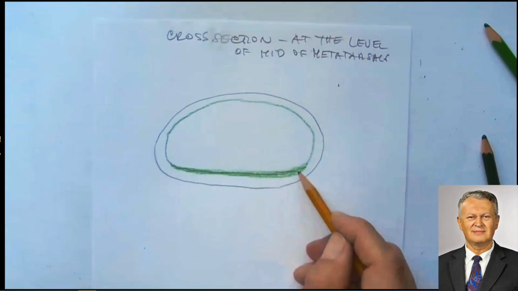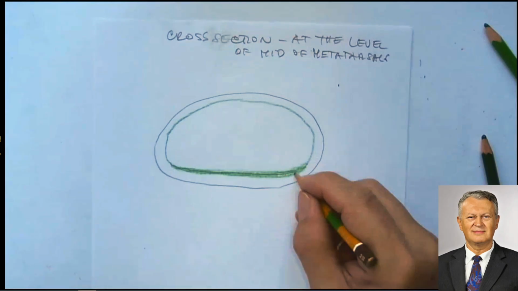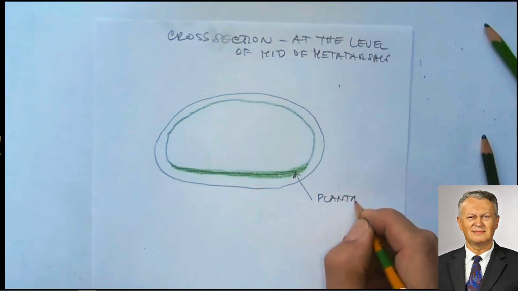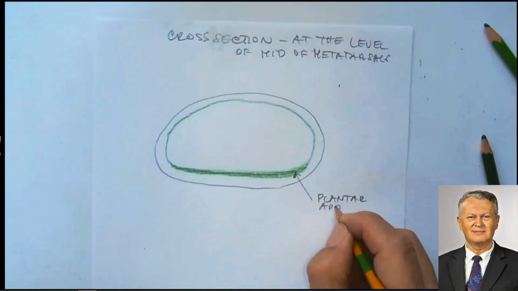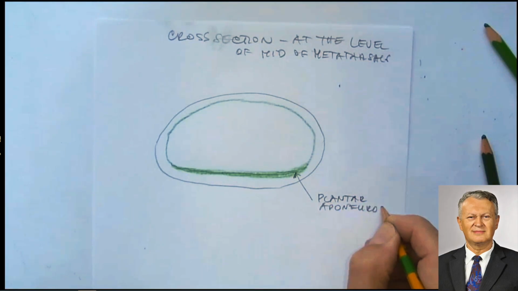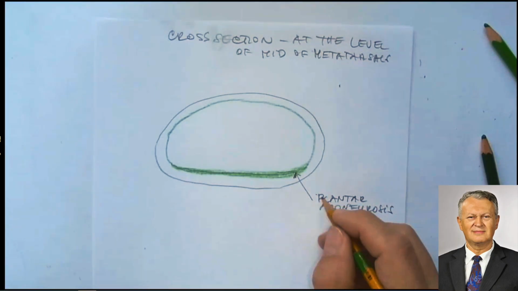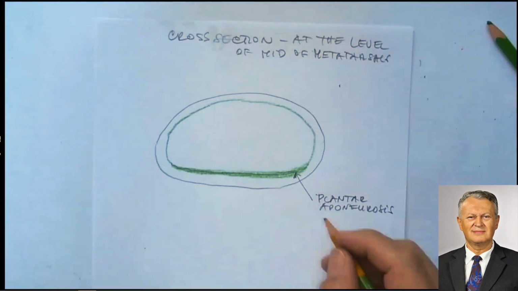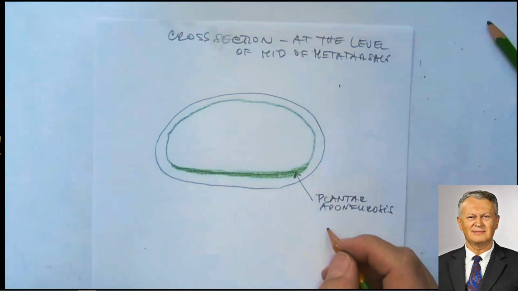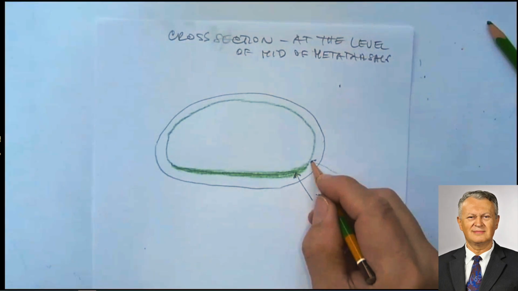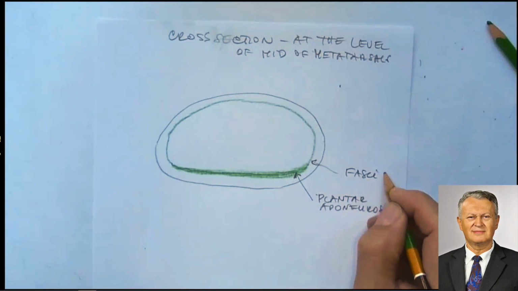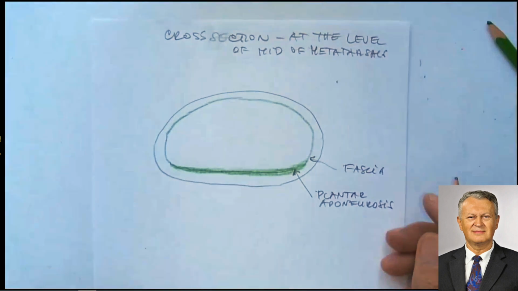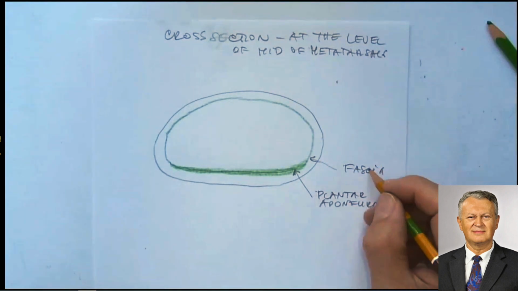So we see here the plantar aponeurosis, thickened portion, very important. Plantar aponeurosis for walking, for stability of the foot, for the plantar arches support. This is the plantar fascia, or simply the fascia of the foot.